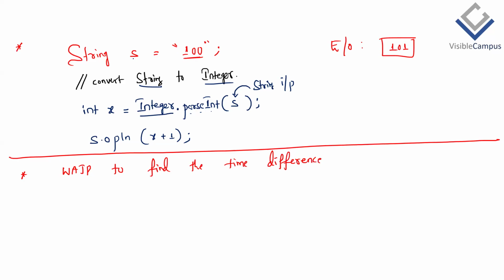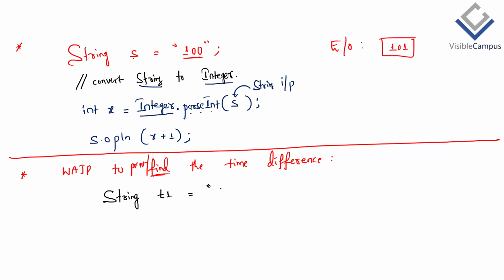There are two times, time 1 and time 2. You have to print the difference between them. What's the time input? General time is separated by hours, colon, minutes, colon, seconds. I'm not going till seconds, I'll give only the hours part and minutes part. Because of the colon, it is a string, T1 for time 1, which is only possible in the format of a string.